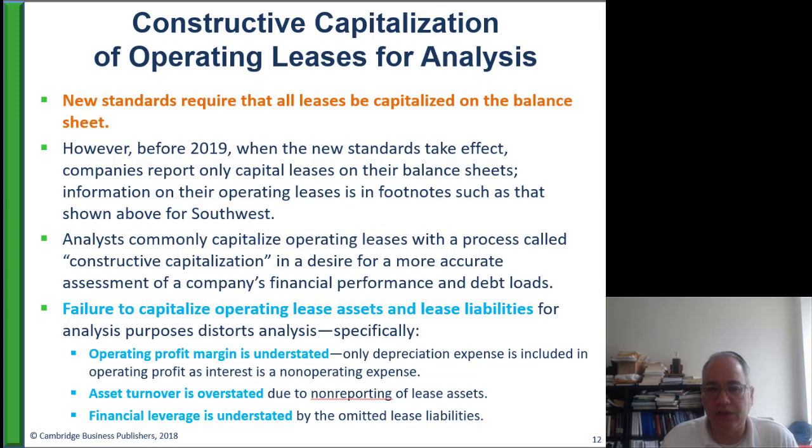So what we're interested in doing is, especially under the old standards, the new standards, it doesn't make a big difference because the companies have to capitalize their leases no matter which way it's categorized. Just how you do the calculation is slightly different. But under the old rules, which are still in place now, companies have the option, or if they meet certain standards, they can have an operating lease that doesn't go on the balance sheet.